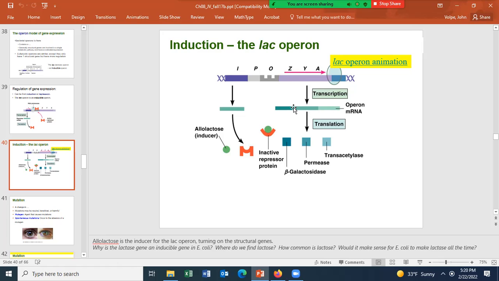So only one structural gene will be translated into protein in the operon. But in a prokaryote, there can be more than one gene in the operon. And in the case of the lac operon, there are 3 structural genes in the operon. Any question about any of that?